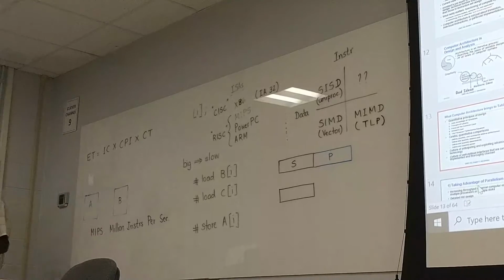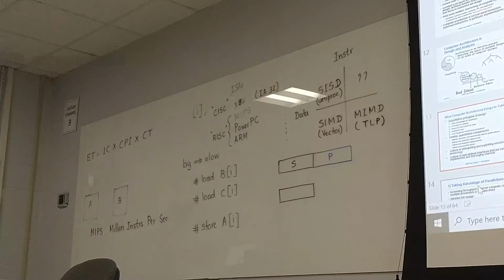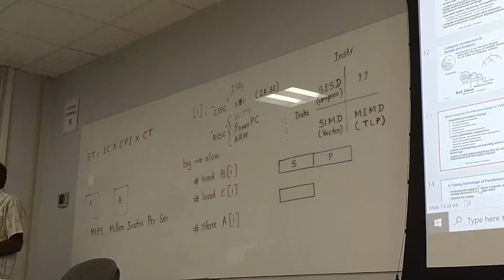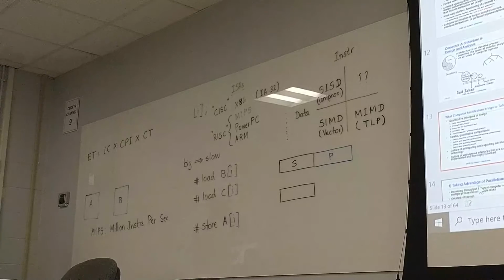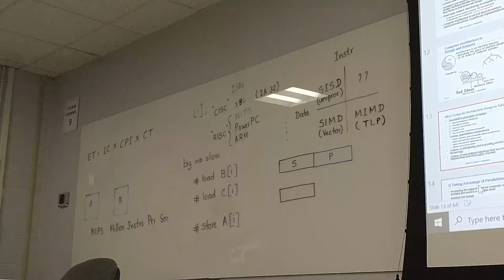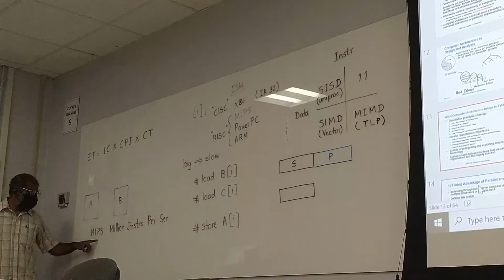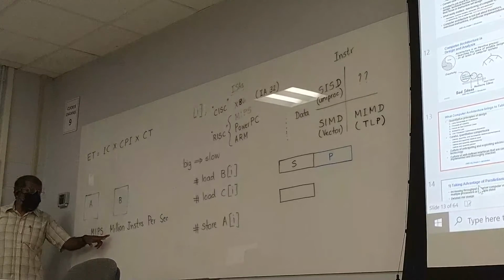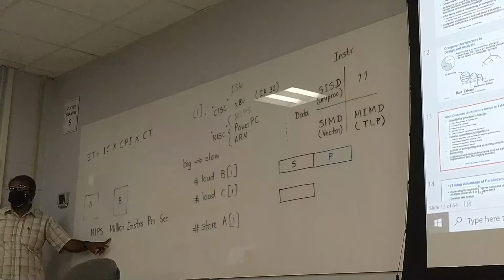I remember the days when this was a metric. They would say, okay, we have this new processor that has 10 MIPS or 100 MIPS, etc. What is wrong with this metric?